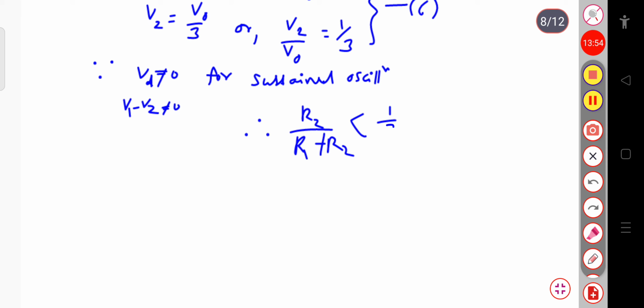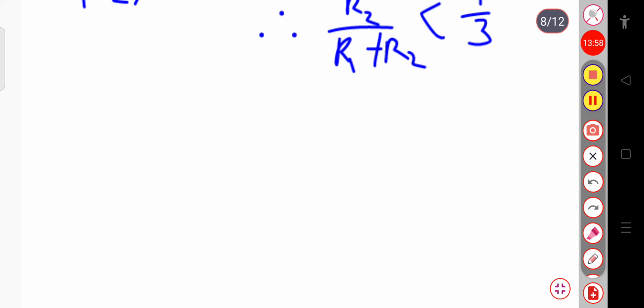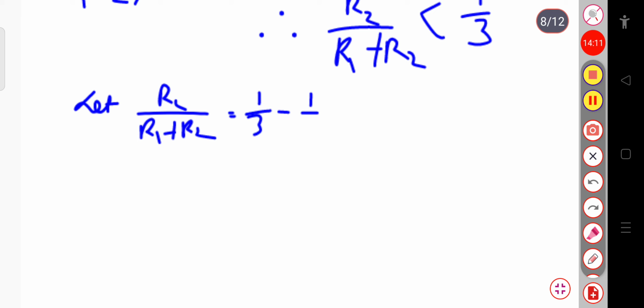Okay, or let us take R2 by R1 plus R2 equal to 1 by 3 minus 1 by delta. This is suppose equation number 7, where the delta value is greater than 3.